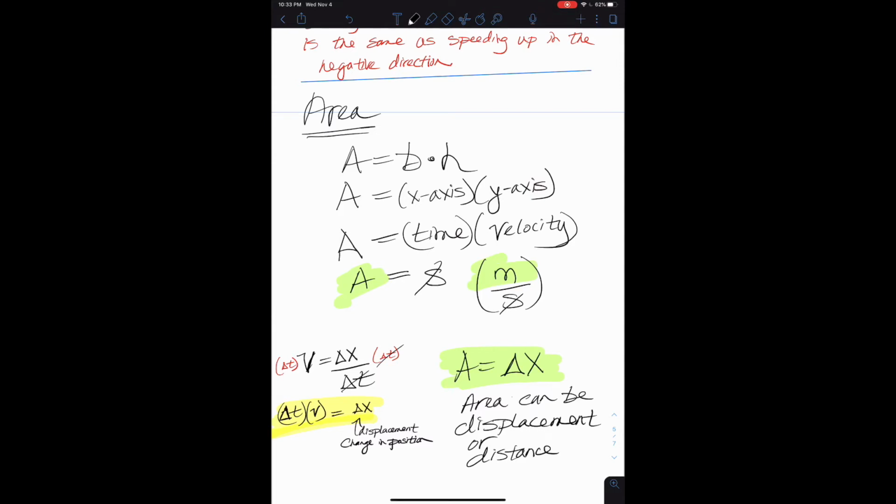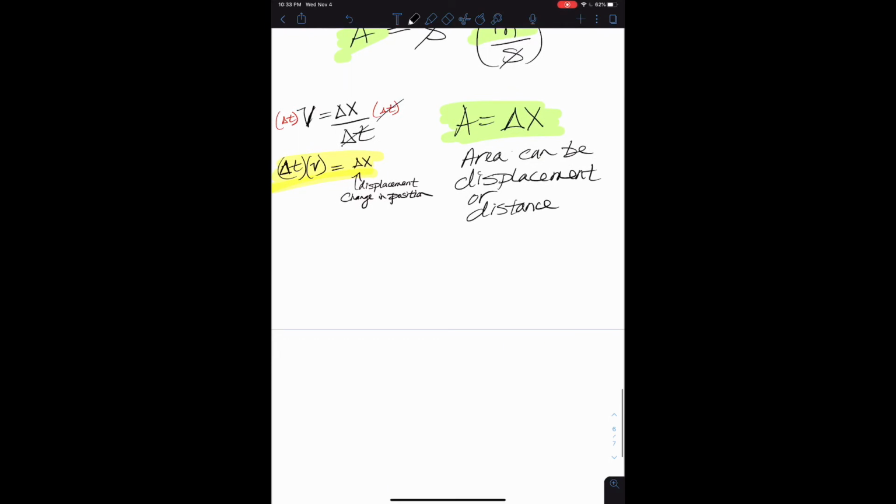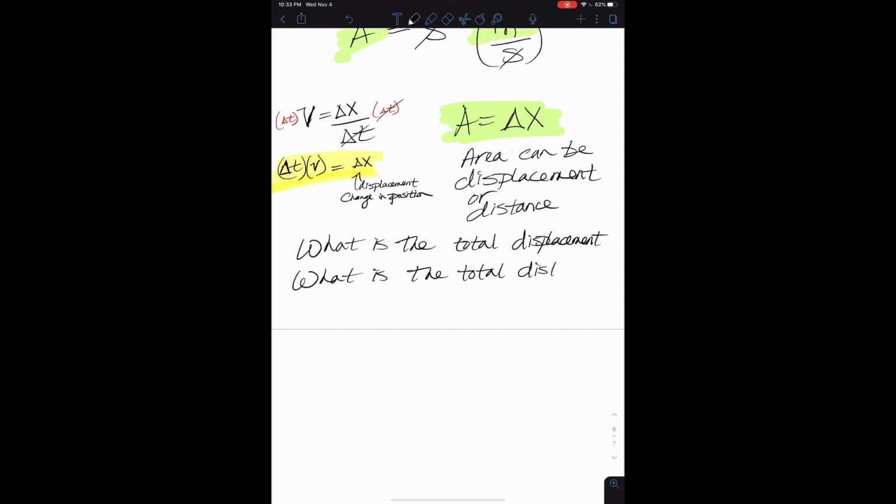So questions, they might ask for area, right? What are some questions they might ask? What is the total displacement? What is the total distance? They might ask, what is the displacement between 2 times?